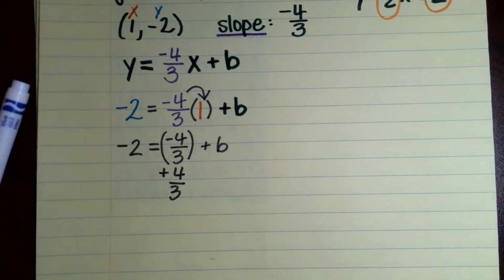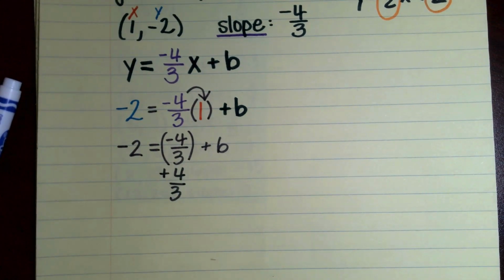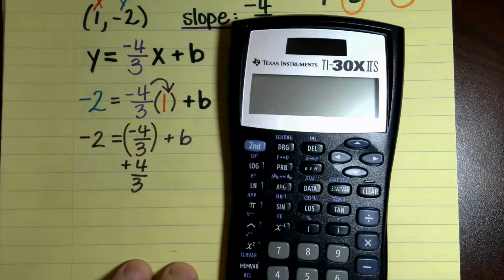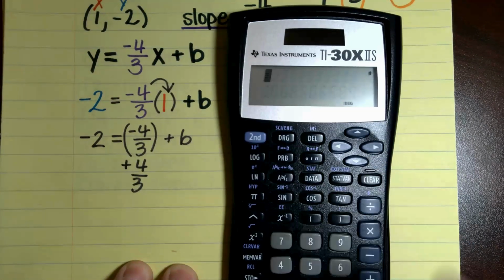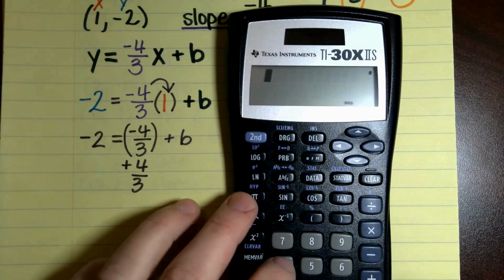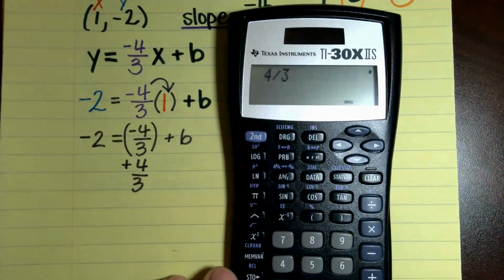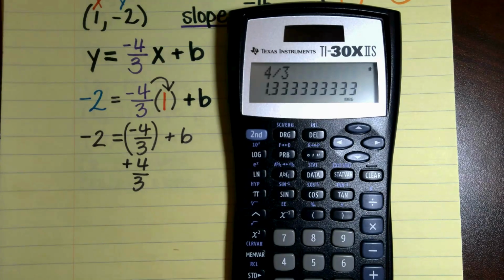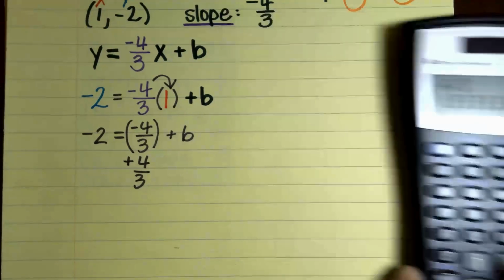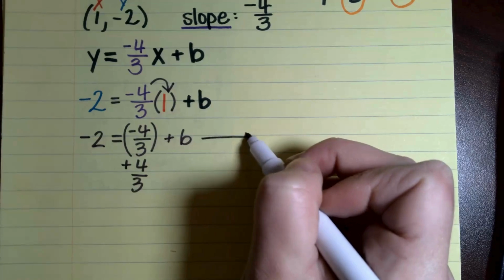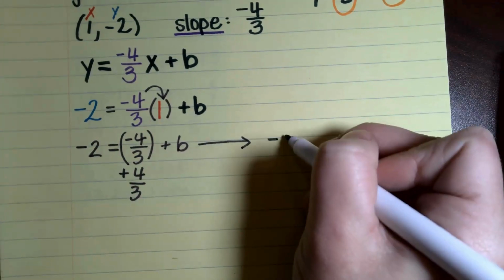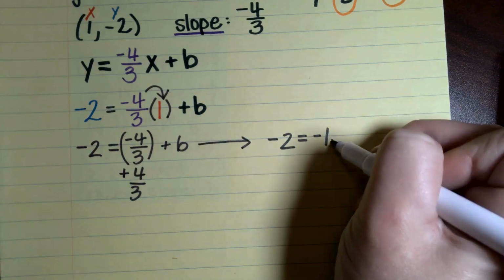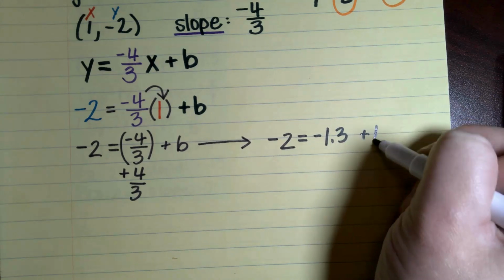All right. Now, fractions, some people don't like to work with them. So if you wanted to at this point, we could see what 4/3 is, and we see that it's about 1.3. About 1.3. So I'm going to show you over here as well. I could just do -2 equals -1.3 plus b.